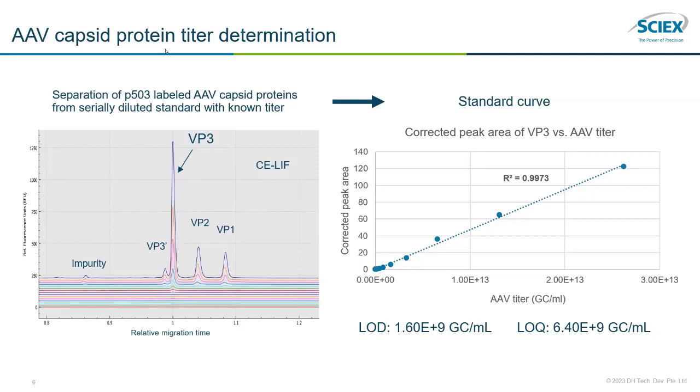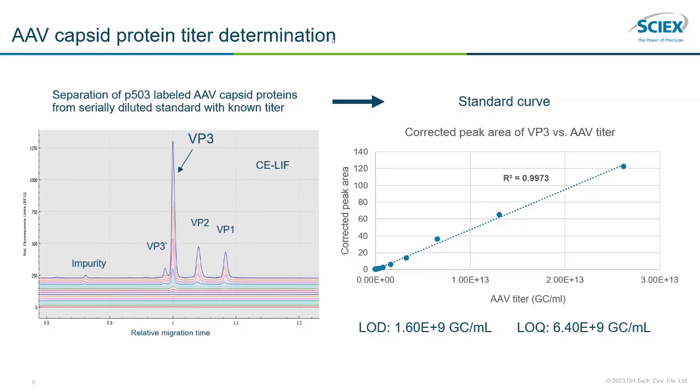And this can be much more robust than some more widely used techniques like ddPCR. There we're really looking at the encapsulated genome. Here we're taking a direct look at the protein titer. We're not looking at genomic titer.